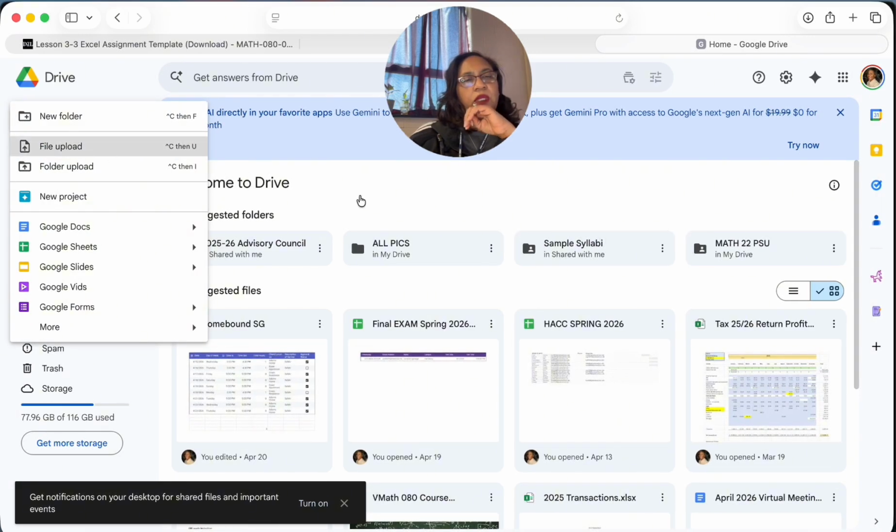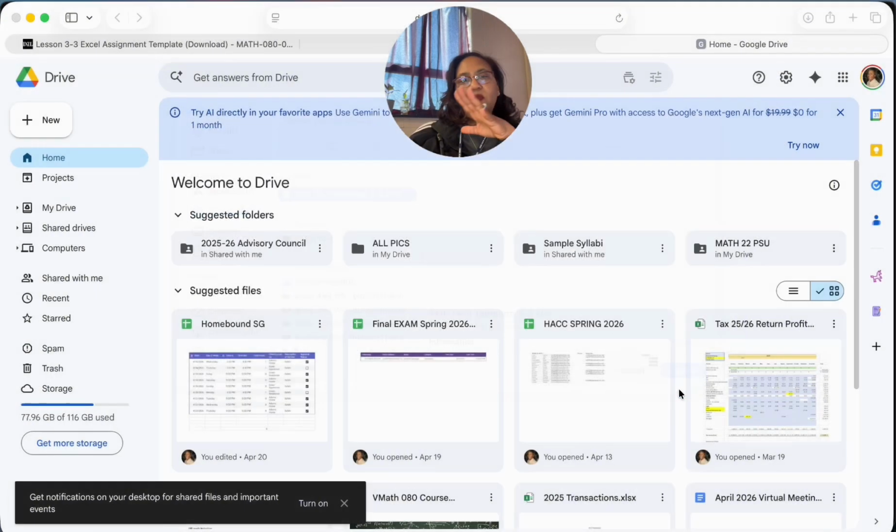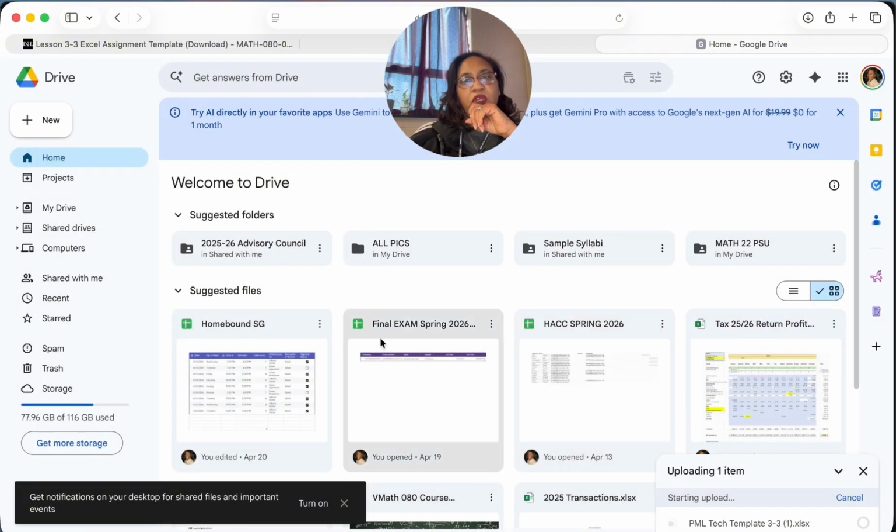So you upload it into Google Sheets. And I have a MacBook, so it's going to... I already have the file in here.